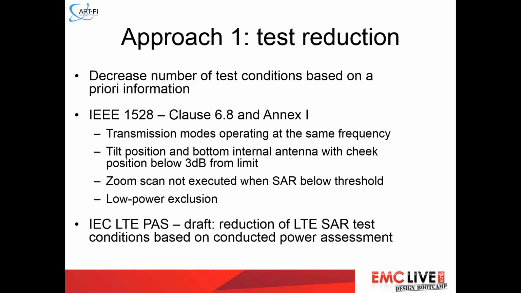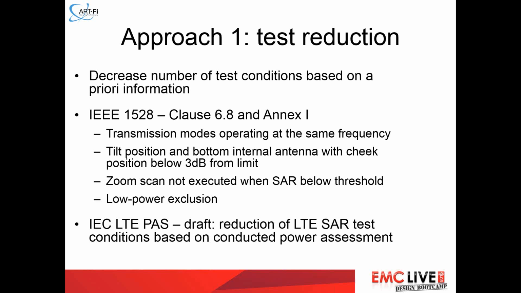Another interesting case is the case of actually most of the modern devices. Many of them have internal antennas that are built in the bottom of the device. And the SAR standards define two types of positions at the head, the so-called cheek and tilt positions. The cheek basically reproduces the close contact of the phone when it's really held very close to the face of the user.